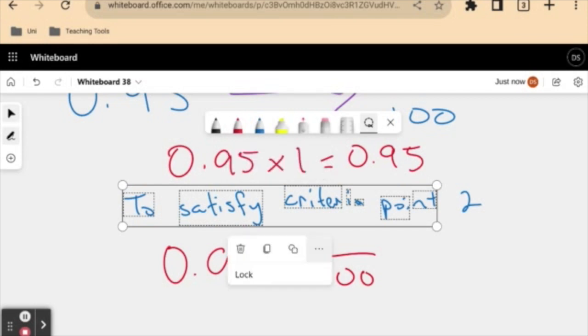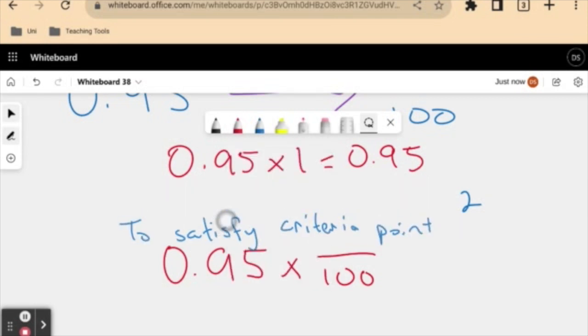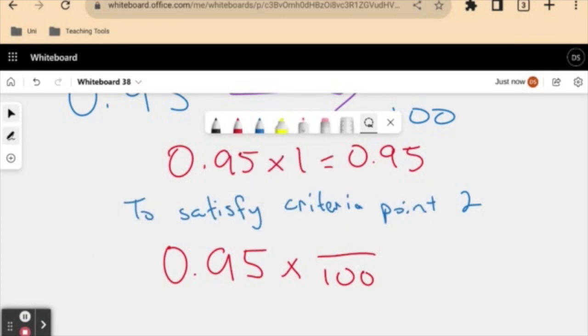Let's see if I can copy this. I can't. That's okay. I'll just write in these little quote marks to show that we mean to satisfy criteria point 1. And what is the only number that we can have on our numerator to have the same effect as multiplying by 1?